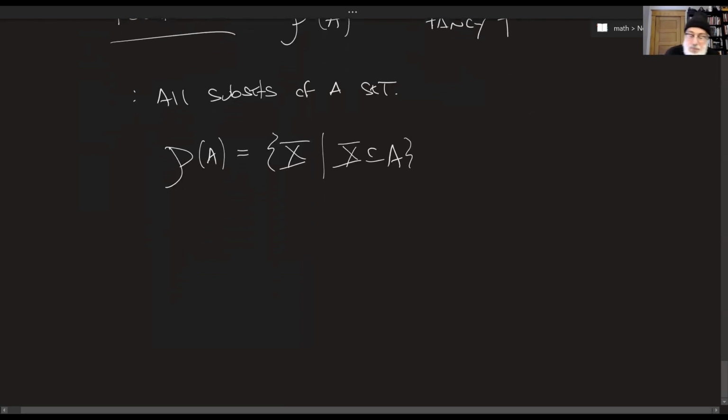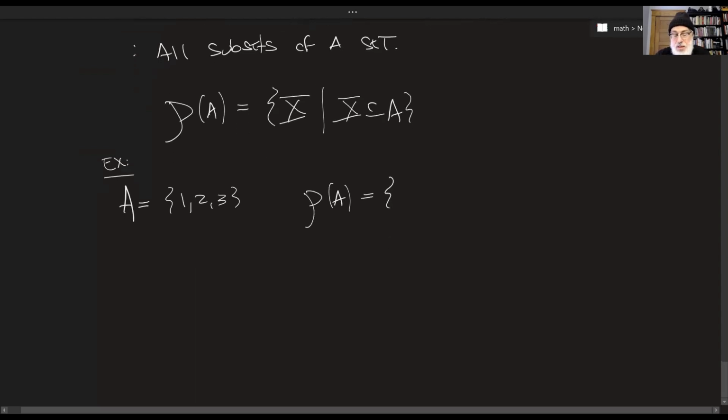Okay, that's weird, right? Well, an example here. If I have A = {1, 2, 3}, the power set of A will be the collection of subsets of A. Now, remember the definition of a subset. A is a subset of itself. All the elements in A are also in itself. We just showed above that the empty set is a subset of everything.